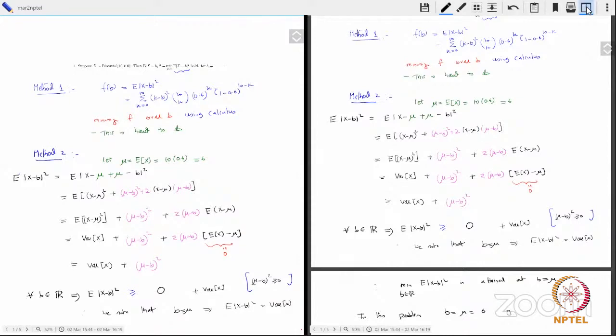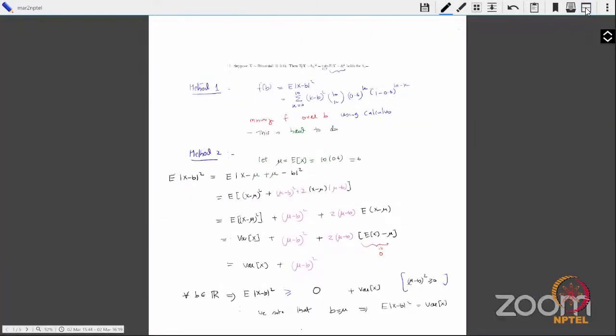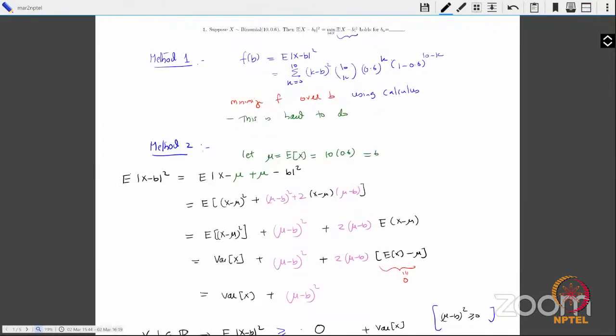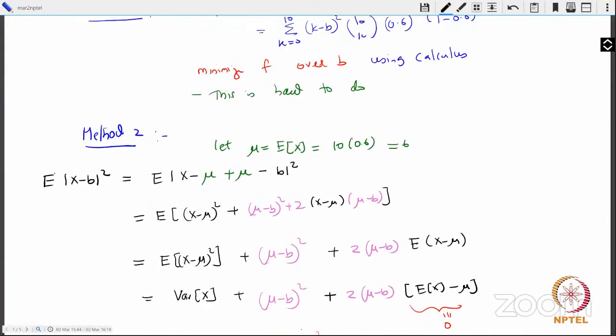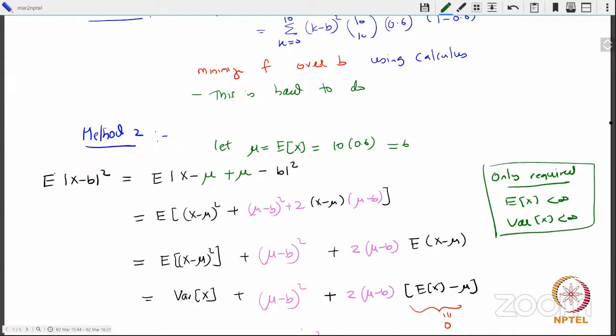So that's the advantage of calculation method 2. You should note that this calculation is independent of X. It only required E of X to be finite and the variance of X to be finite. Once this happened, this calculation was independent of the actual distribution of X.